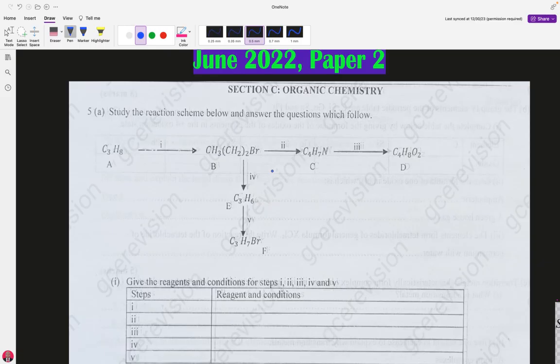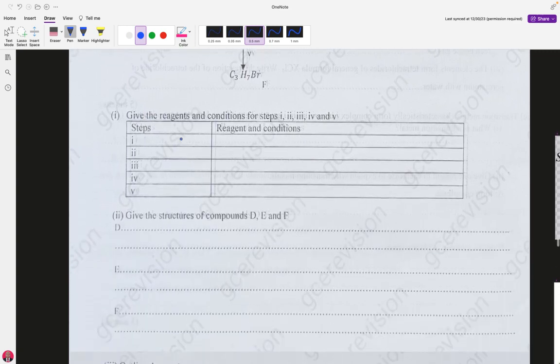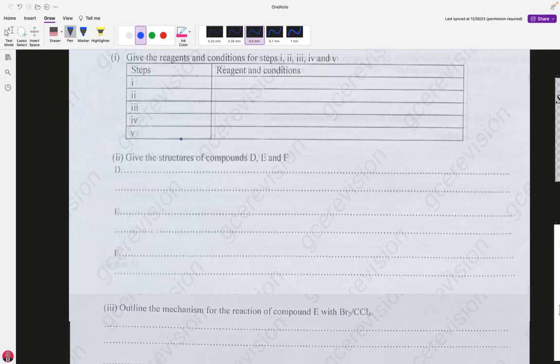Since it takes place under UV light, it is a free radical substitution. So now let's fill our answers. Step 1, an alkane to a haloalkane, a bromopropane.